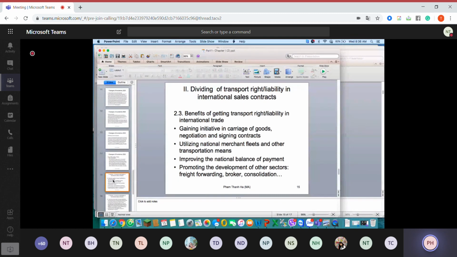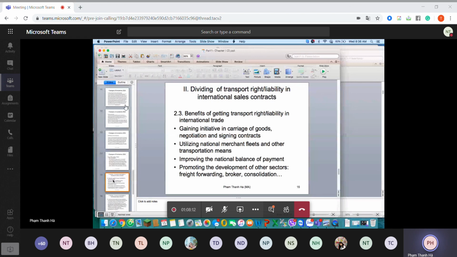Currently I only require you to use Incoterms 2010. I just want to introduce some more changes so that you have more information about the newest version.